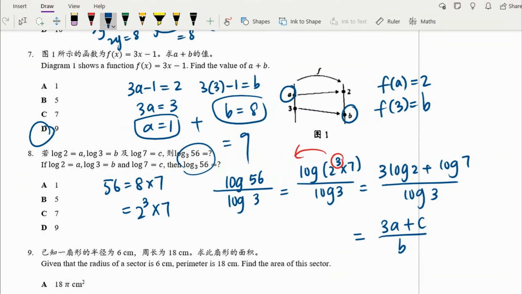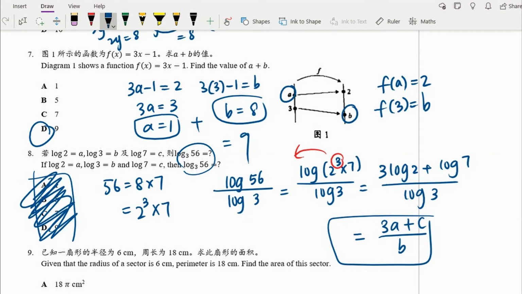Just ignore it. The answer is (3a plus c) over b. I think I will edit it later. I forgot which one is which option, but never mind, this is the answer. Sorry about this.